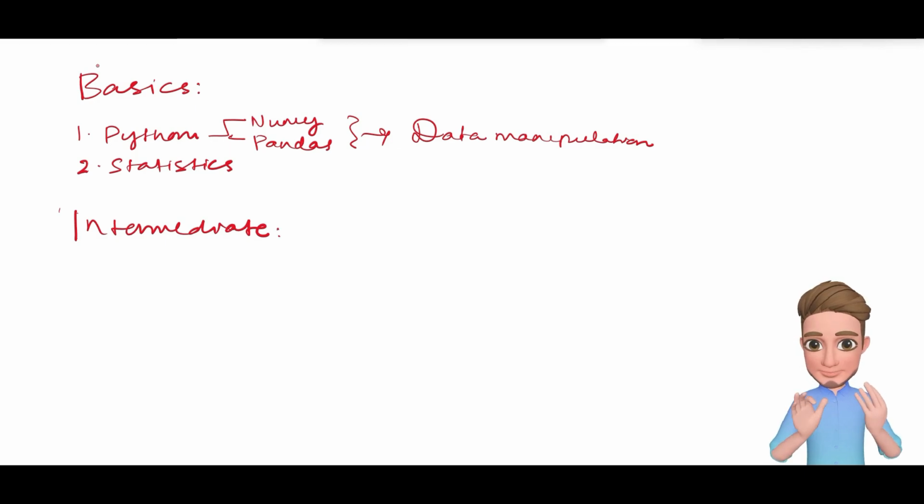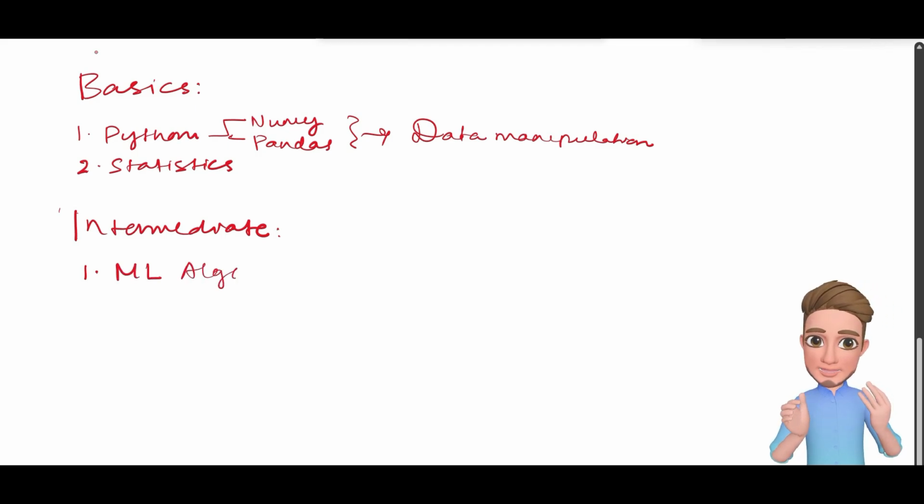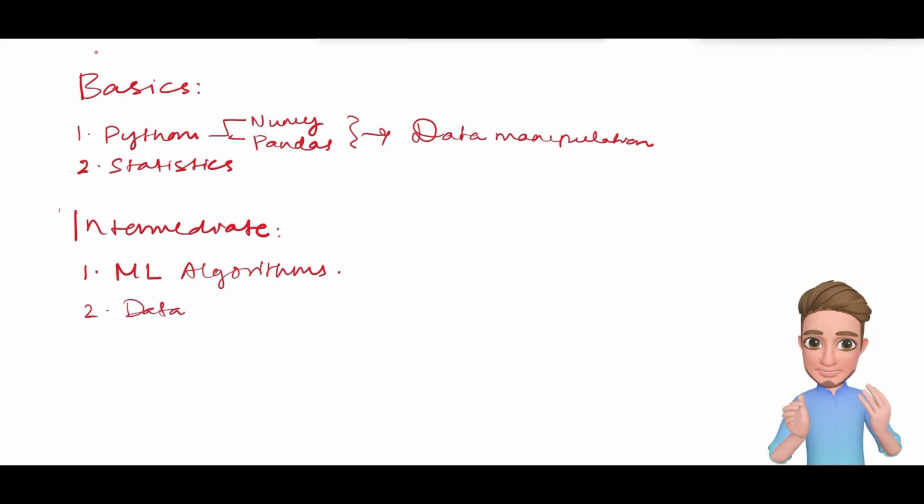In intermediate, you have machine learning algorithms, right? ML algorithms, and the next is data visualization. And within these ML algorithms, you'll be doing the EDA part, data pre-processing, and everything comes here.